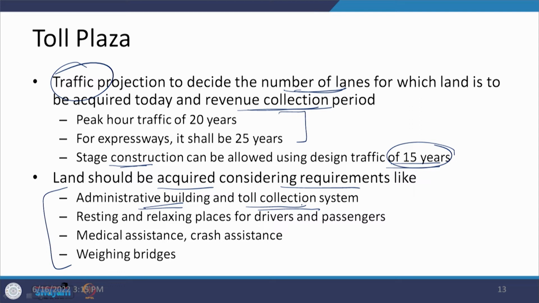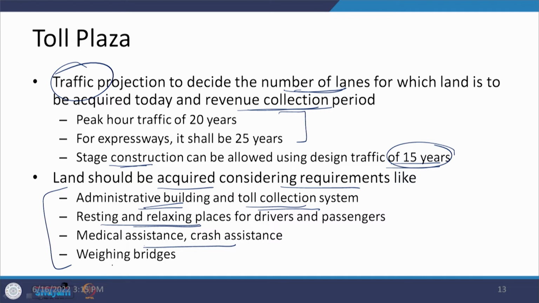As in one of the photographs shown, there is going to be a toll booth, an island, a boom barrier, etc. Then we may also need to provide resting and relaxing places for drivers and passengers. If it is long distance travel for many, then they may like to take a stop at this location. So, for that reason there should be eateries, toilets, and various other facilities. Medical assistance or crash assistance is also to be made available at these locations.